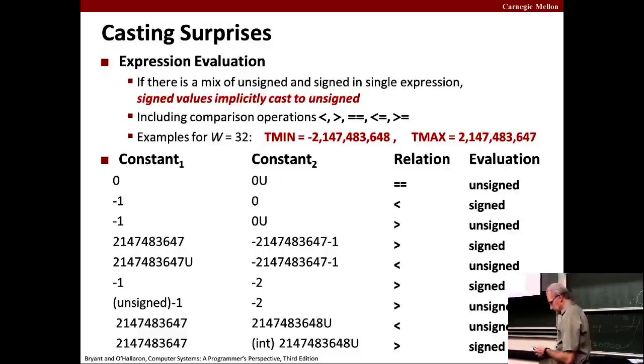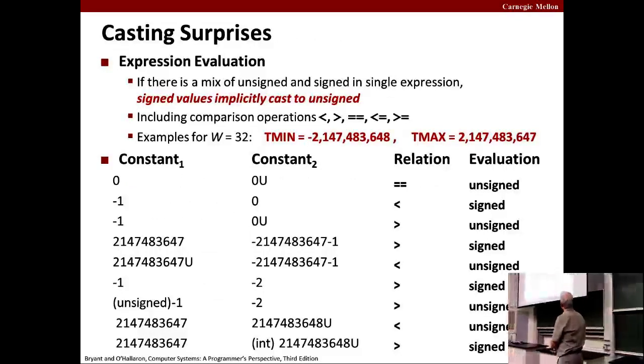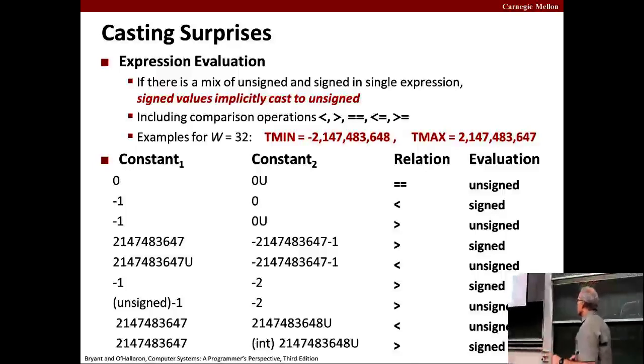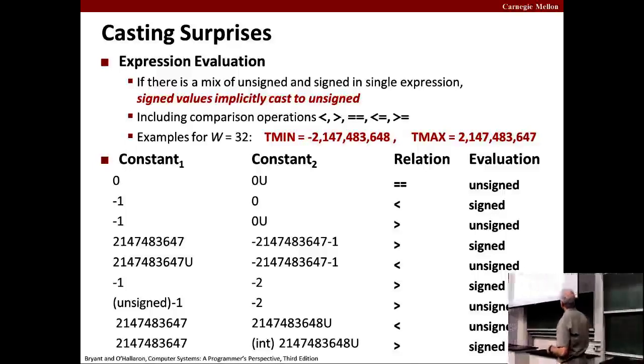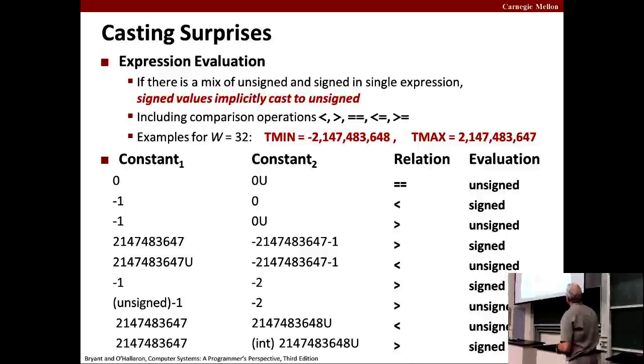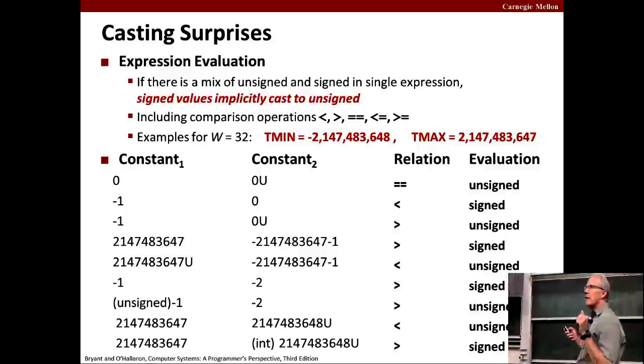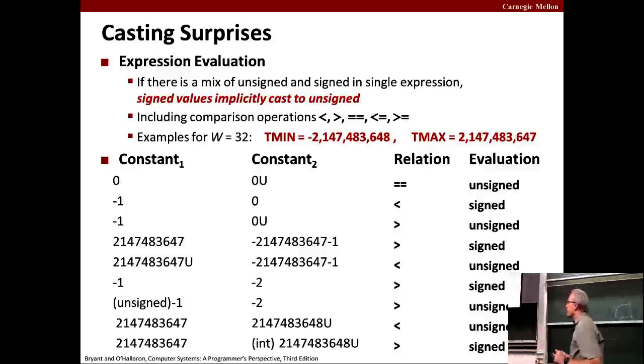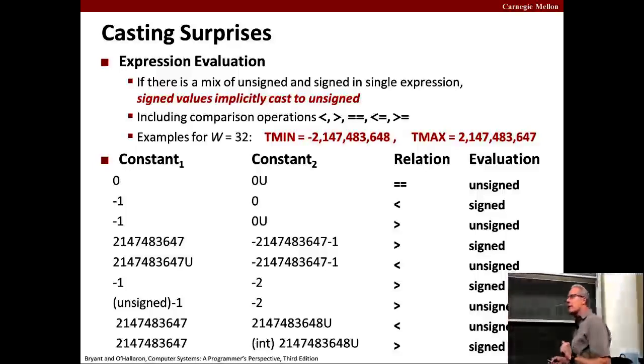As this example goes through, if I look at two numbers and compare them, or actually do any operation on them, add them, divide them, anything, implicitly it will try to make these two be of the same type. And the way it does that is, if both of them are signed, then I'll treat them as a signed case. If either of them is unsigned, then I'll convert the other one to an unsigned number and do the operation.